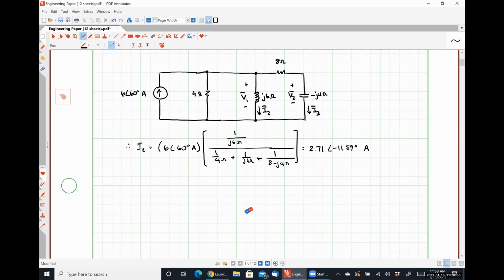All right, now that we know I2, figuring out V1 should be trivial. J6 ohms times I2 is 16.26 angle 78.41 degrees volts.